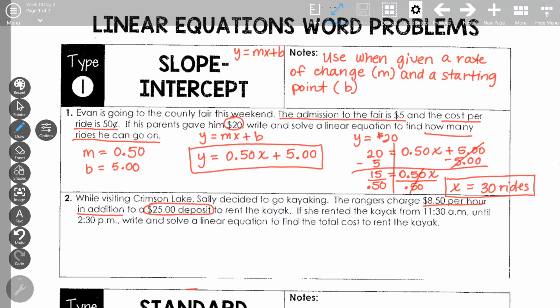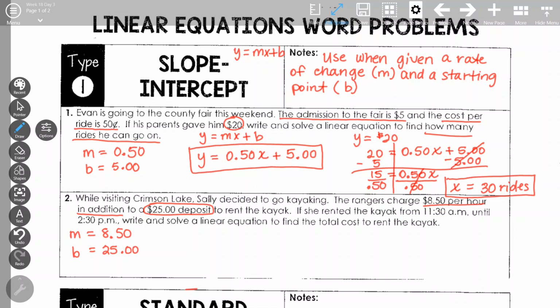Now, we've got to start with, okay, how much is it each hour? That's our slope, remember? And it was $8.50 per hour. Now, what is the starting point? What do we have to pay just to rent the kayak? We have to pay $25 to rent the kayak.